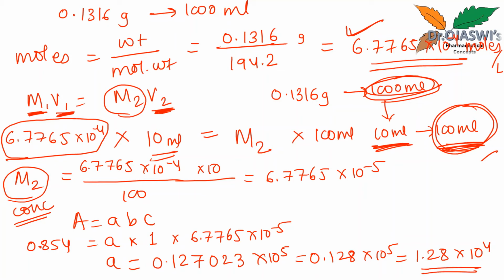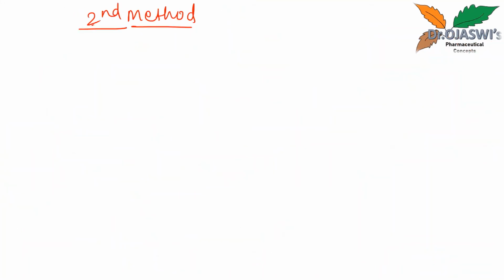If you do not want to do this by M1 V1 M2 V2, we have another way also to solve this problem. Let us see that. We will first calculate the concentration, that is 0.1316 grams added in 1000 ml.